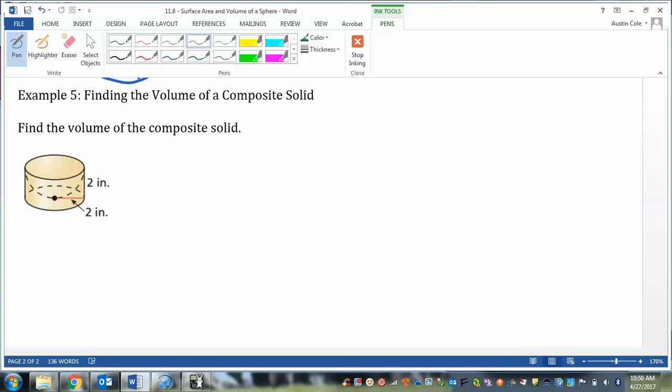Like you're hollowing out a solid. So if we want to take the volume of this composite solid, what's the part that we're hollowing out? What does that kind of look like? A bowl, right? A weird shaped bowl that's not going to stand up. What is that called in math, though?